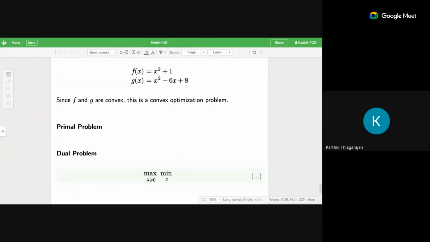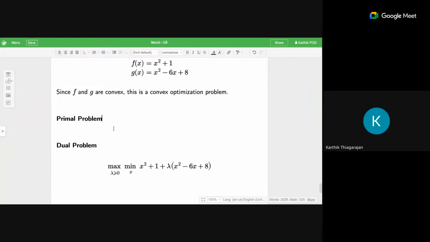So if you plug in f of x, it's x square plus 1 plus lambda into x square minus 6x plus 8. Okay, so is everyone clear how we got the dual problem?